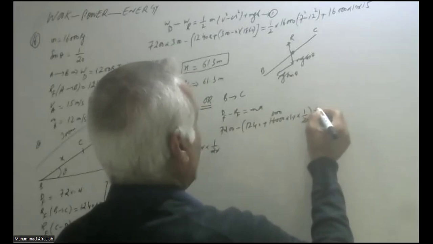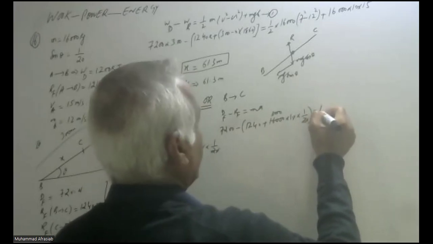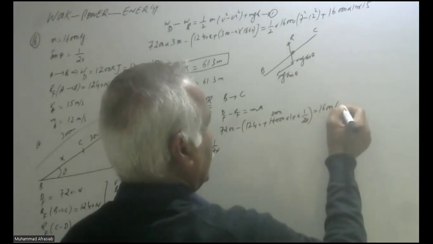That thing is equal to ma. So the mass of that particle is again 16,000 into acceleration a.